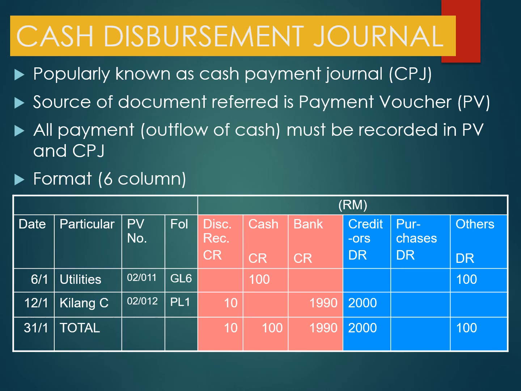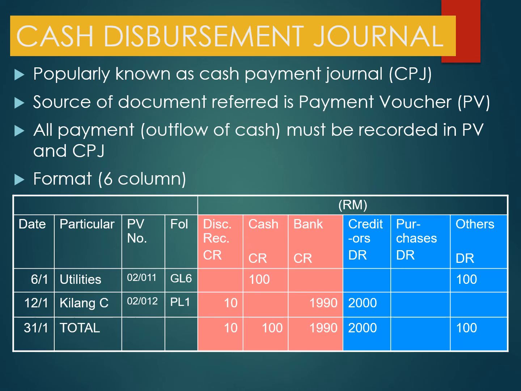Let's say you pay Kilangsi using a business check. Here the date is 12 January. Kilangsi is the particular because we pay out to Kilangsi, and the payment voucher number is the reference 02/012. Let's say when we pay Kilangsi, we receive a discount of 10 ringgit.